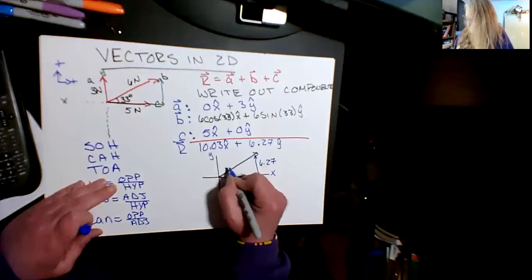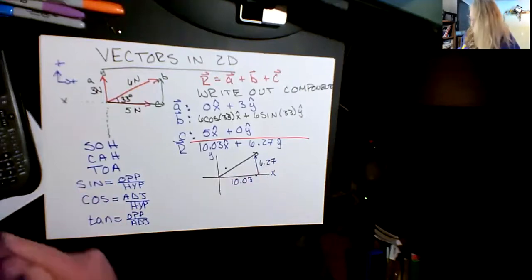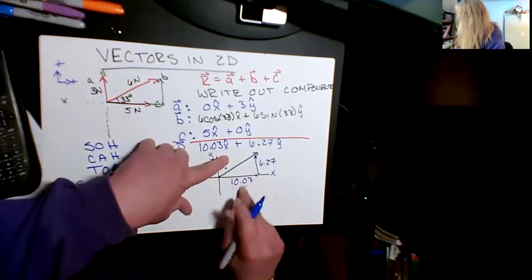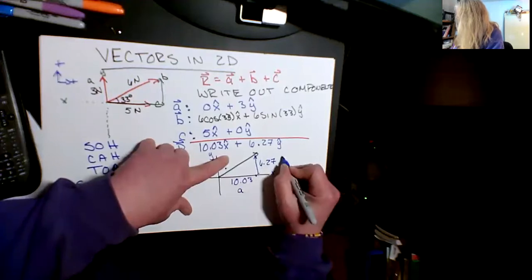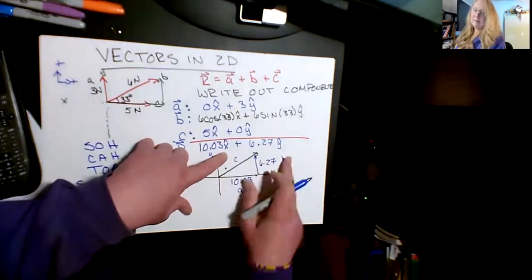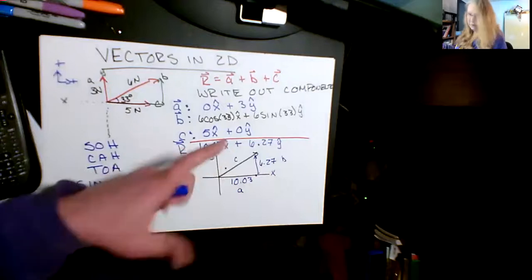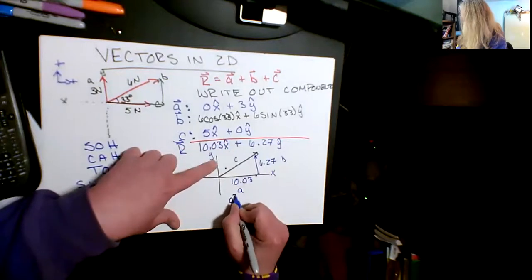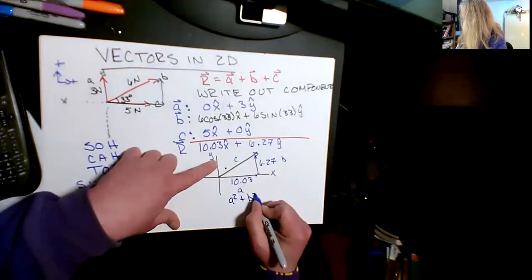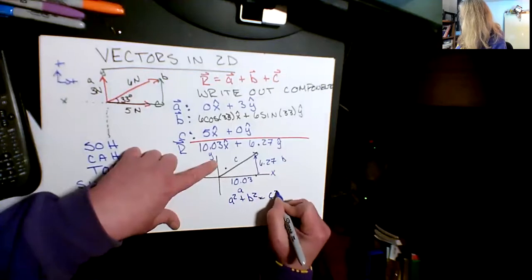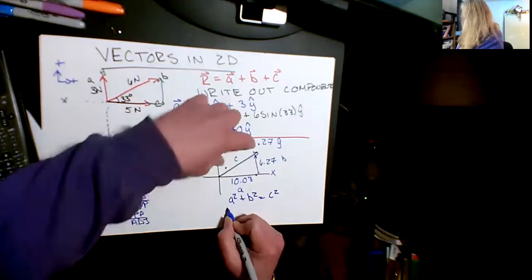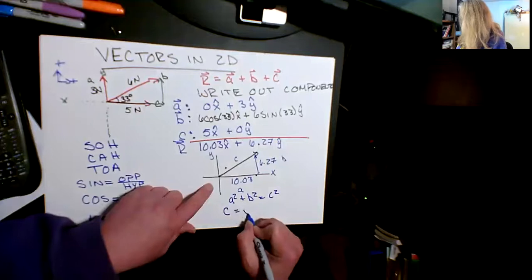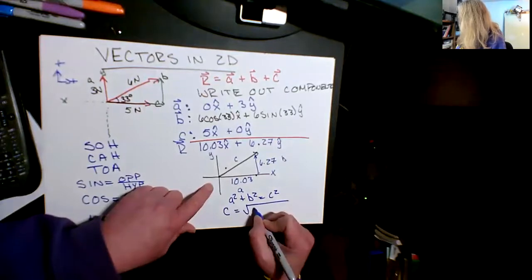I want the magnitude of this thing. So this is A, B, C. Doesn't matter which one you do. It's just Pythagorean. So A squared plus B squared equals C squared. Or this magnitude, C, is the square root of A squared plus B squared.